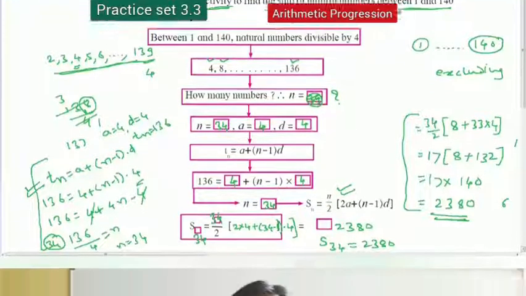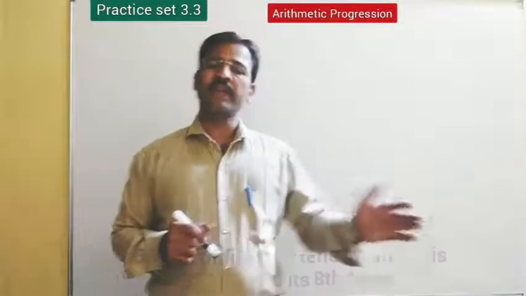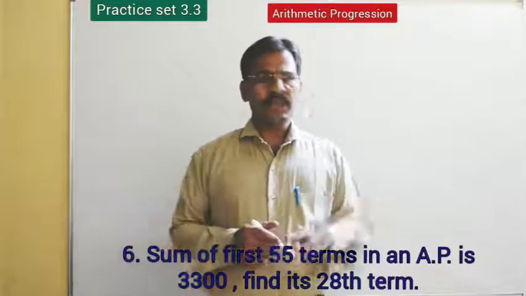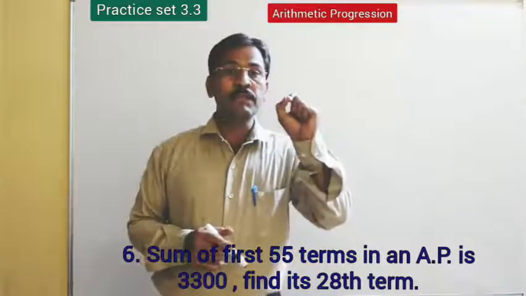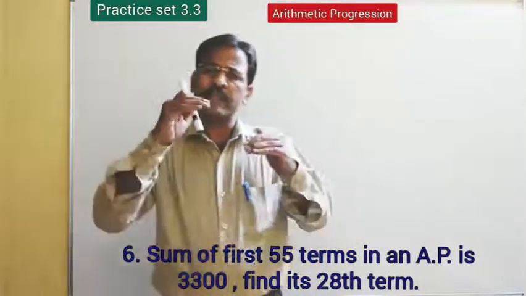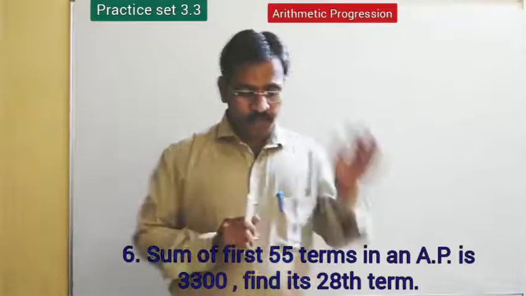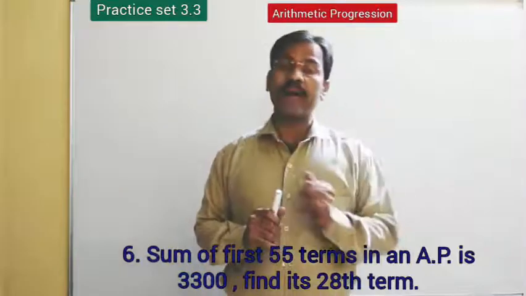Okay friends? Friends, after completing the fifth sum, now we are going to take the sixth sum. If you observe here, in the sixth sum also there is something. How? I will just read it first. See here: the sum of the first 55 terms.